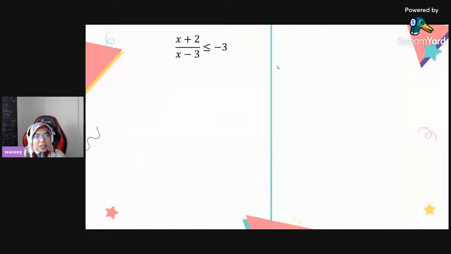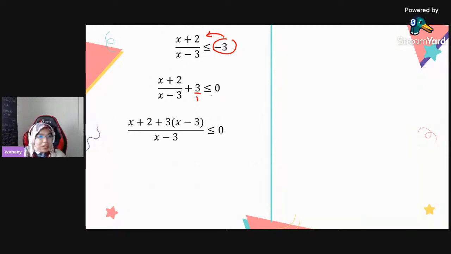Okay, so now left hand side. So we got x plus 2 over x minus 3 less than or equal to -3. So I'm going to bring -3 to the left hand side. So it will become x plus 2 over x minus 3 plus 3 less than or equal to 0. And then change it to a common denominator. So we are going to get x plus 2 plus 3 multiplied with x minus 3, over x minus 3.